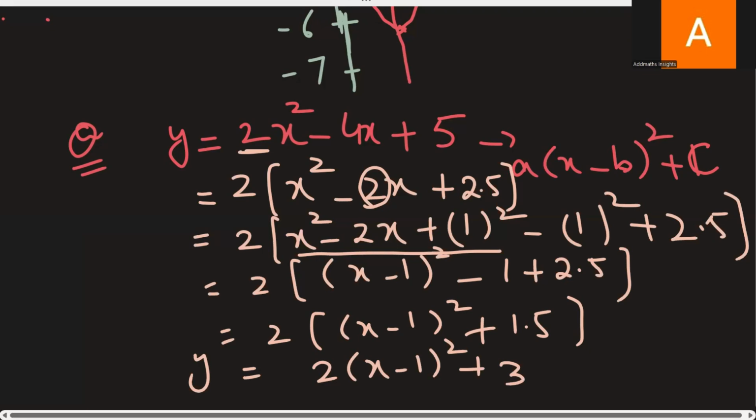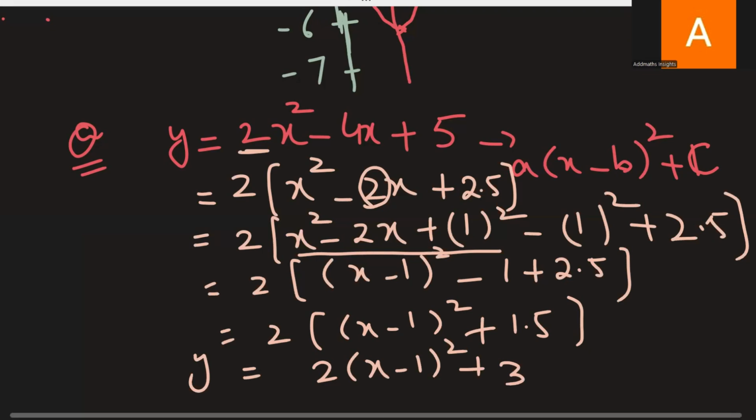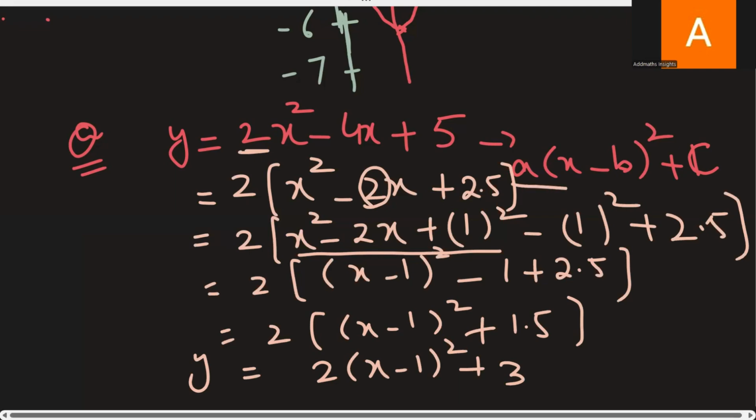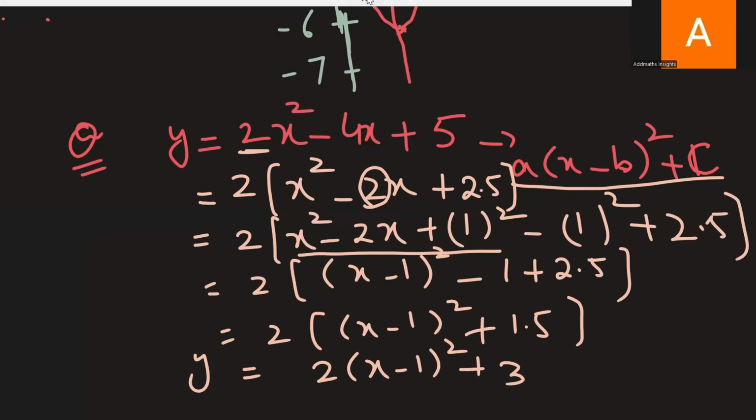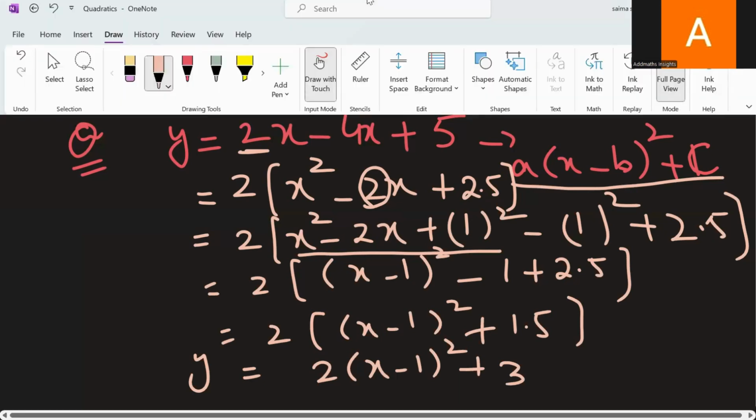Now when factorization is not possible and you have to sketch the quadratic curve, first you need to express it in the form a(x minus b) whole squared plus c. And once you express it in this form, you need two things to draw the graph.